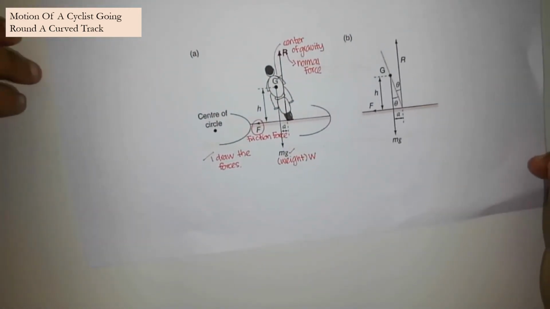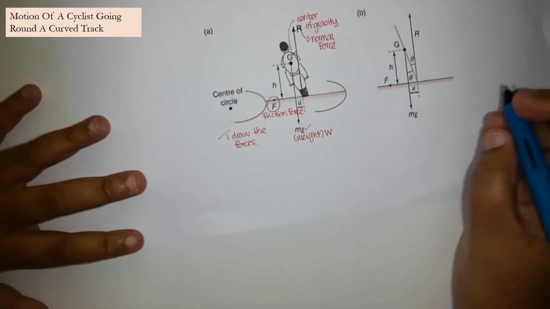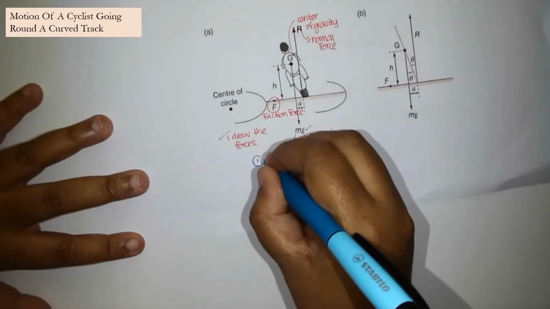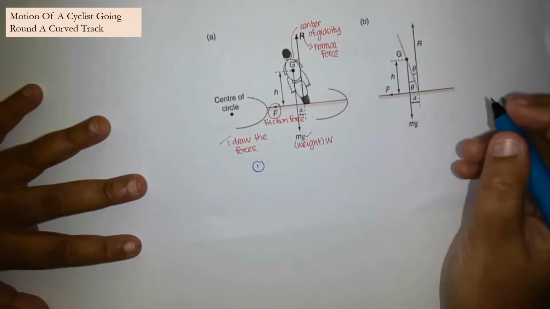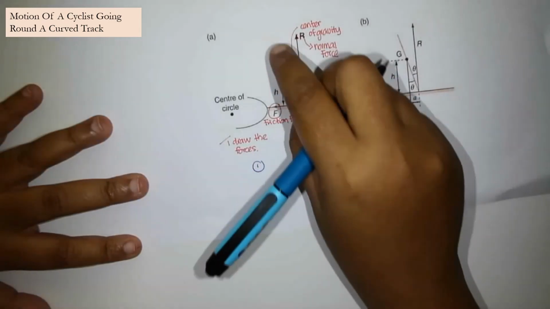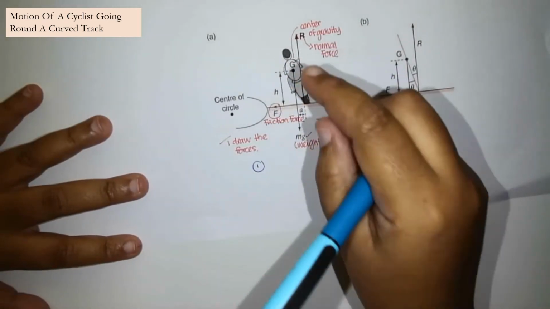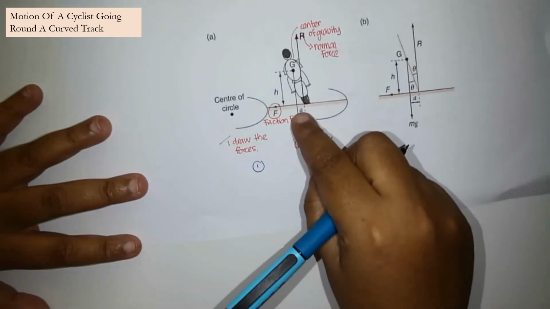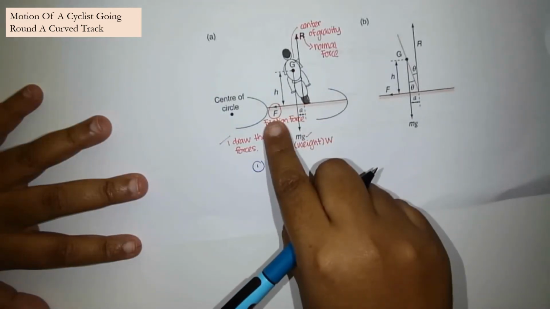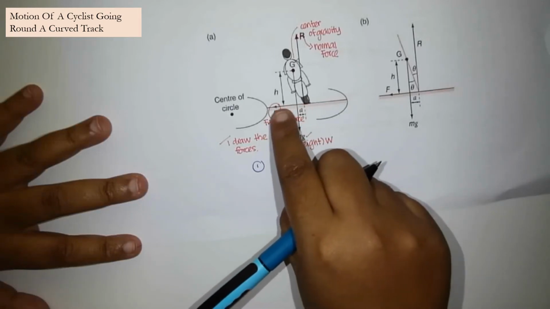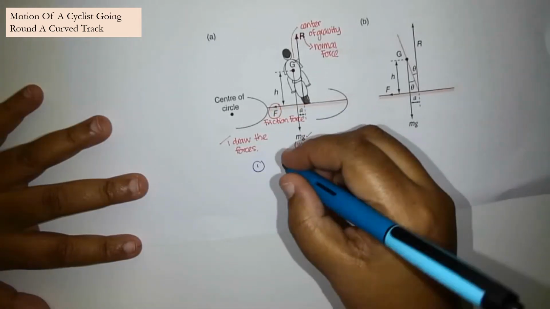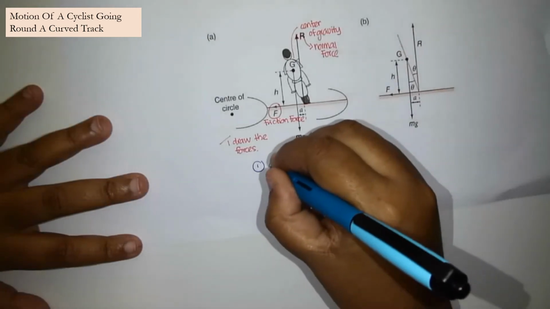Alright. So now we are going to apply the first concept. As the cyclist is making a turn in the roundabout, going around a curved track, we look at the frictional force, because the frictional force is towards the center, so the frictional force will be the centripetal force.